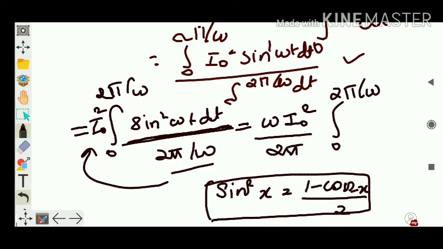In this problem, in place of x it is omega t. So here I can write 1 minus cos 2 omega t, whole divided by 2, and there is a dt also. Clear? Right, now moving on.